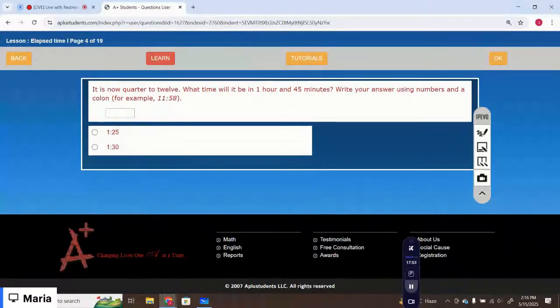It is now quarter to 12. What time will it be in 1 hour and 45 minutes?